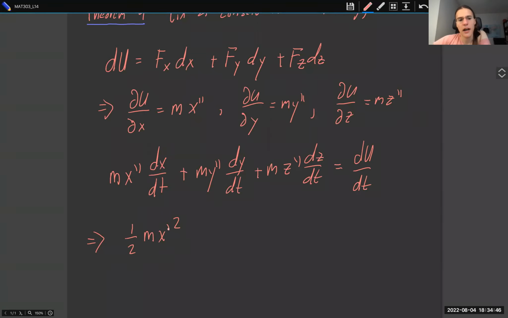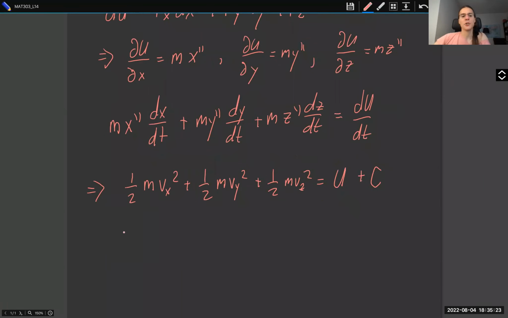So I can write this as half m vx squared plus half m vy squared plus half m vz squared is equal to U plus some constant C. And remember that potential energy is defined as negative U. This implies that basically I could write this as half m times the norm of the vector v squared minus U is equal to C. Except we shouldn't call it C, we should call it E, because that's the total energy of the system.